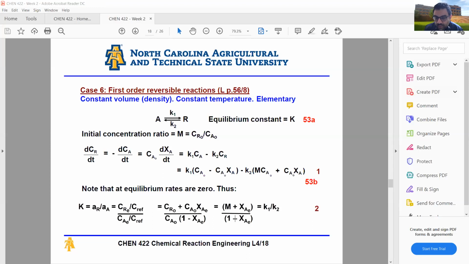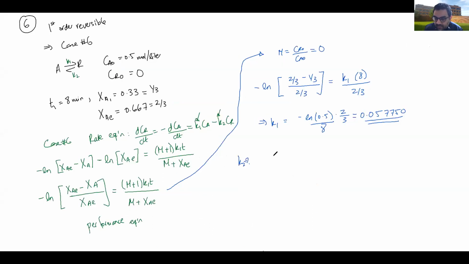So I'm going to use this expression from the slides, which tells me that K1 divided by K2 is equal to M plus XAE divided by 1 minus XAE, and M is 0, and XAE is what? 2 over 3, right?